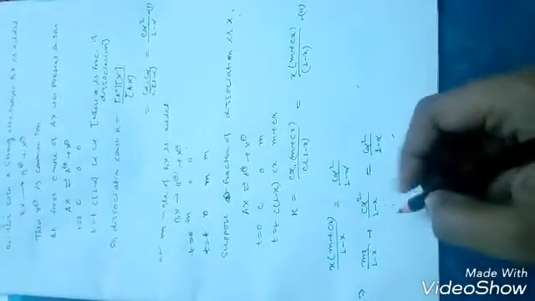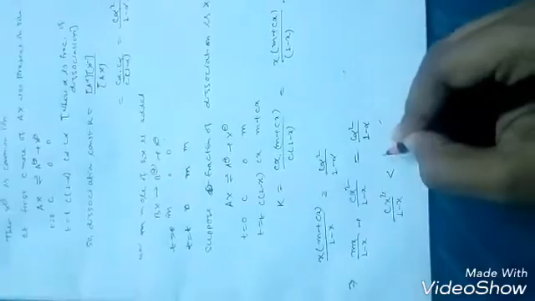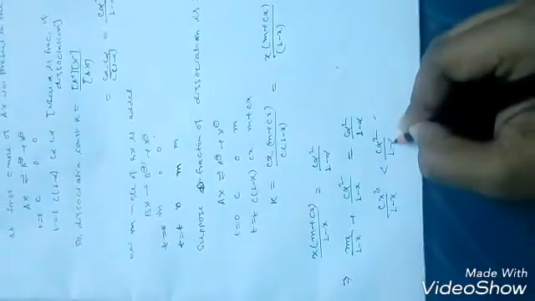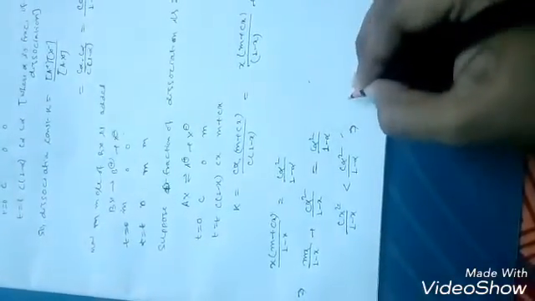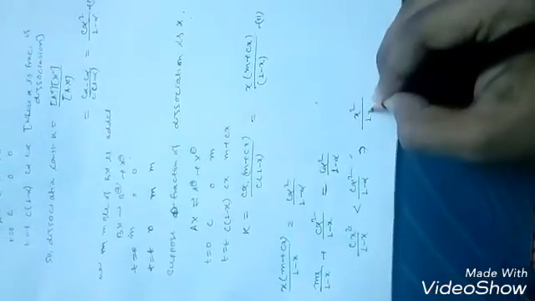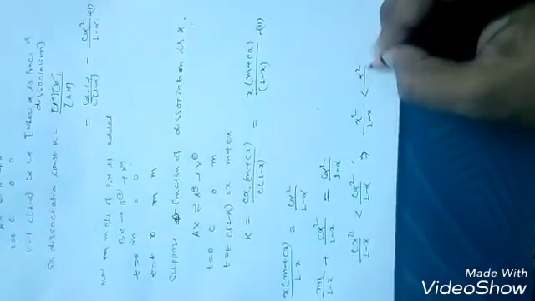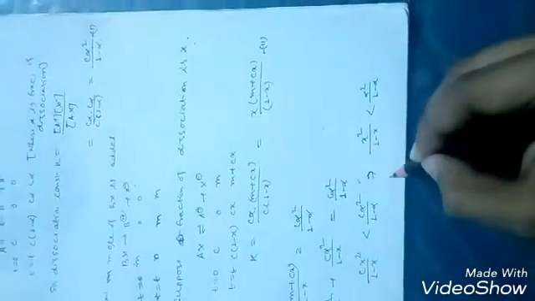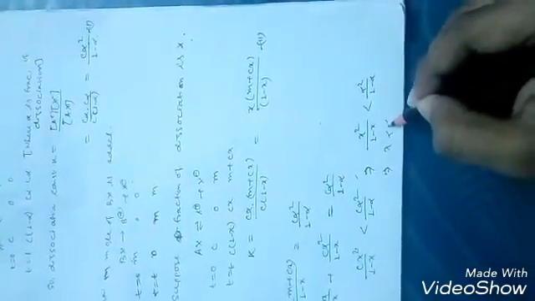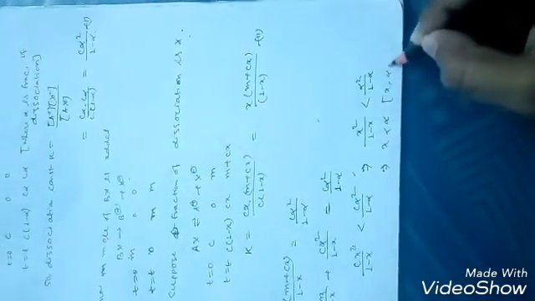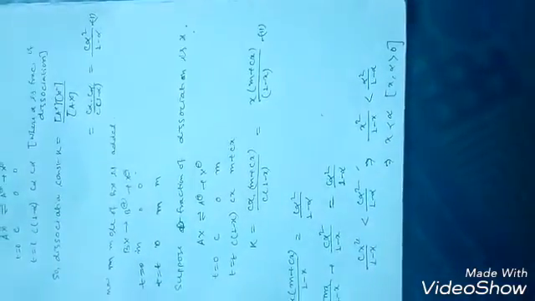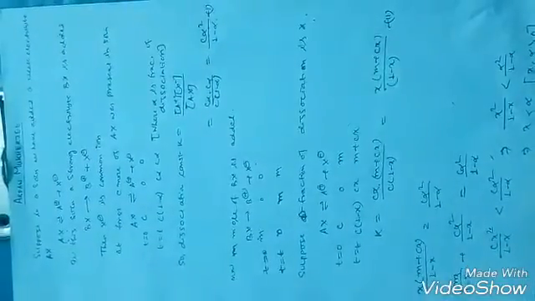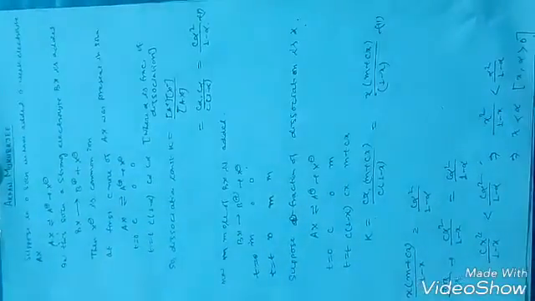So Cx square by 1 minus x is less than C alpha square by 1 minus alpha. So x square by 1 minus x is less than alpha square by 1 minus alpha. From this inequality you can say x is less than alpha, as x and alpha are greater than 0. So x is less than alpha, hence proved.